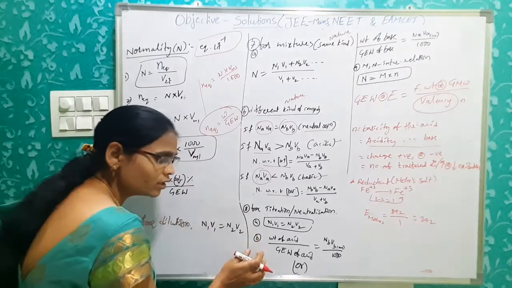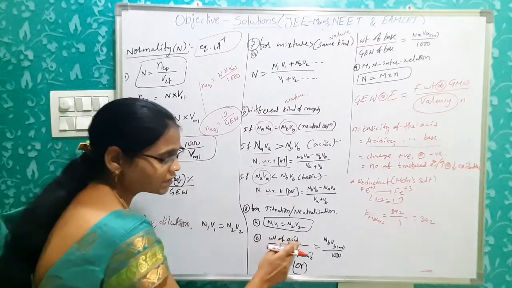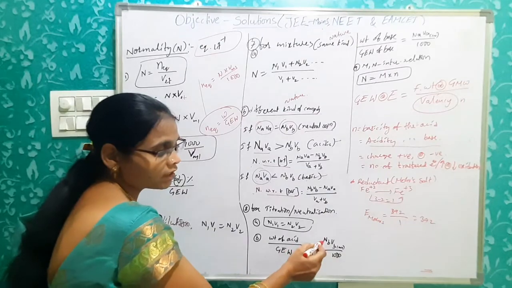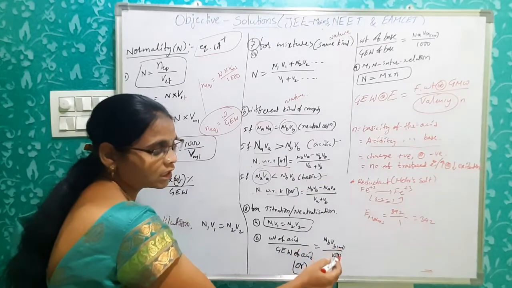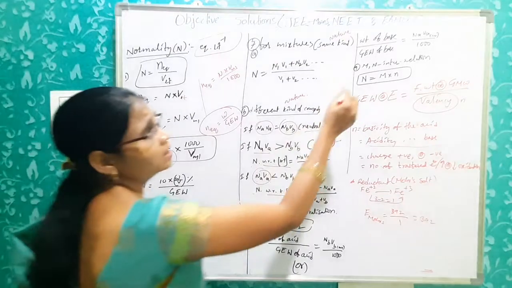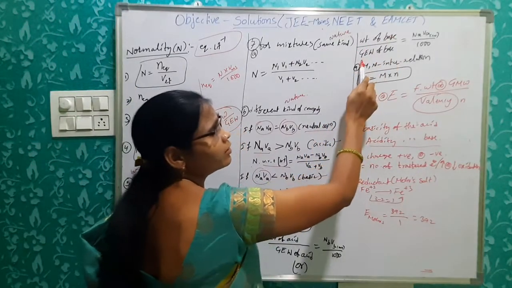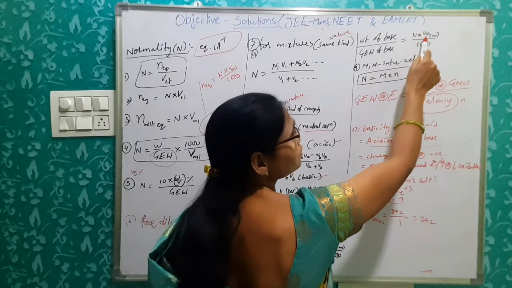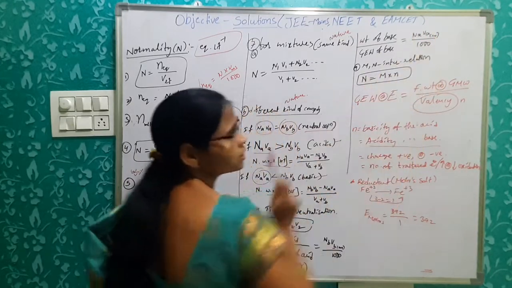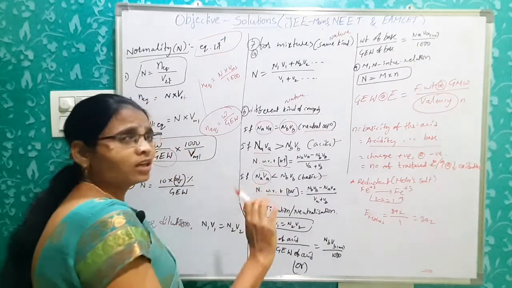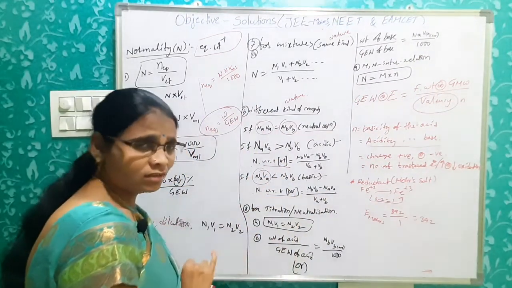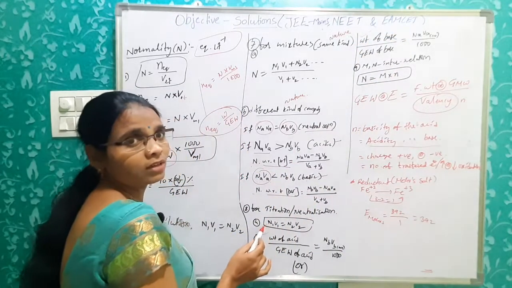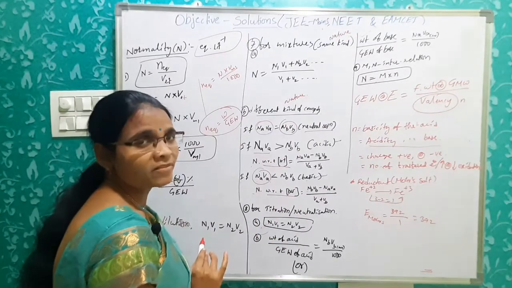In that case we can use this formula: weight of acid by gram equivalent weight of acid is equal to normality of base into volume of base in milliliters by 1000, or weight of base by gram equivalent weight of base is equal to normality of acid into volume of acid in milliliters by 1000. If the weight of the acid or base is involved in the question, we can use these formulas. Otherwise we can simply use N1V1 is equal to N2V2 for neutralization.